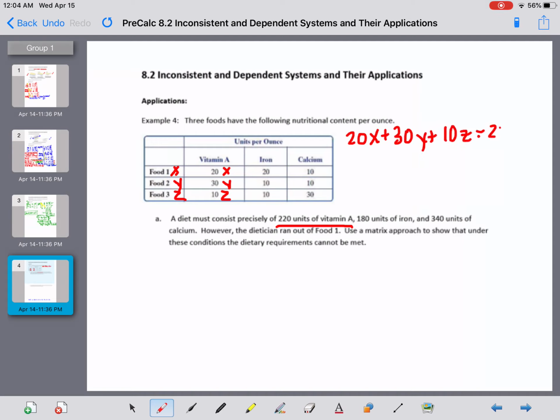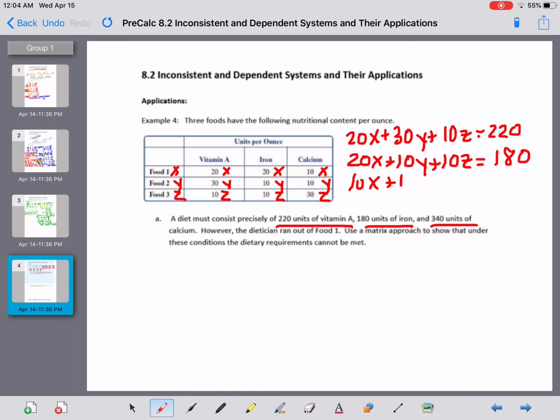And following the same idea here for iron, I know I need 180 units of iron, so I'm going to get 20X plus 10Y plus 10Z equals 180. And then finally on the calcium, following that same idea, I need 340 units of calcium. So I get 10X plus 10Y plus 30Z equals my 340.